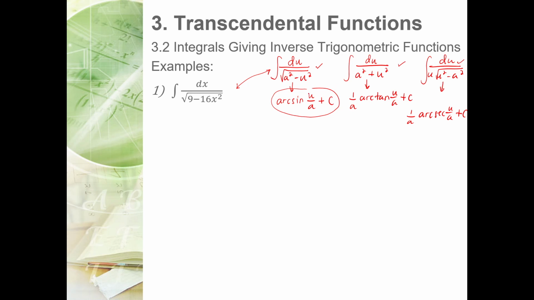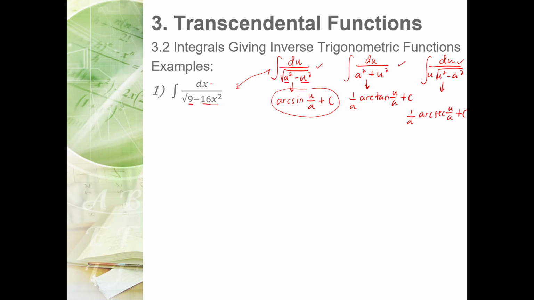So what we'll be doing here is declaring your different variables through a substitution process. For example, your 9 is your a squared, then minus 16x squared is your u squared.